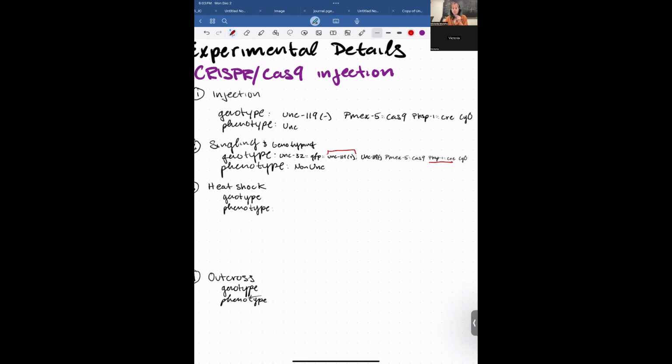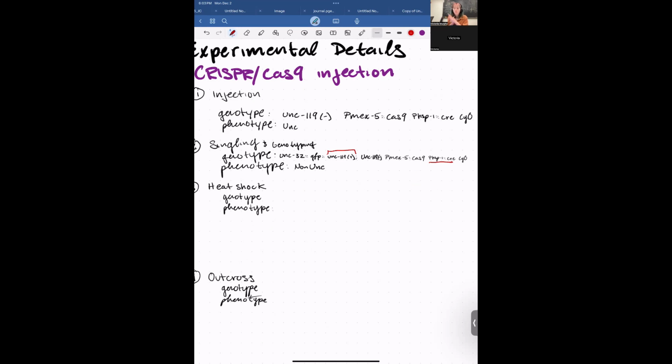And heat shock proteins are expressed in response to high heat, driving expression of Cre recombinase. So when these worms are exposed to high heat, they'll express that Cre recombinase because it's under control of the HSP promoter. And this recombinase will act on the LOX-P sites, which are around the UNC119 rescue gene.